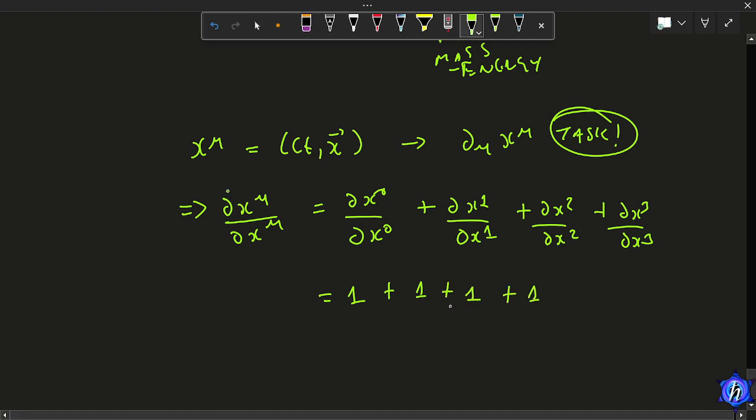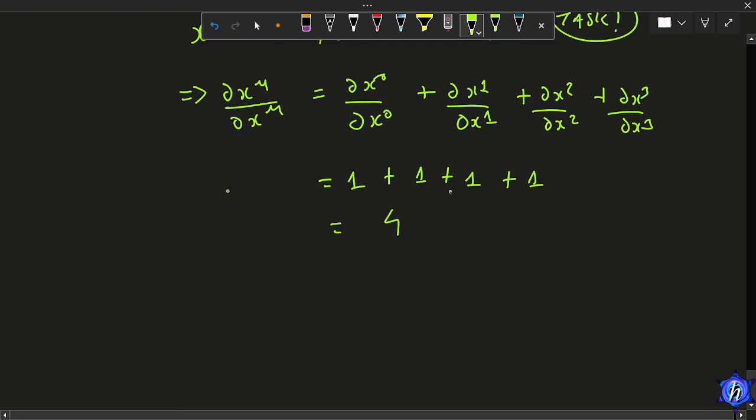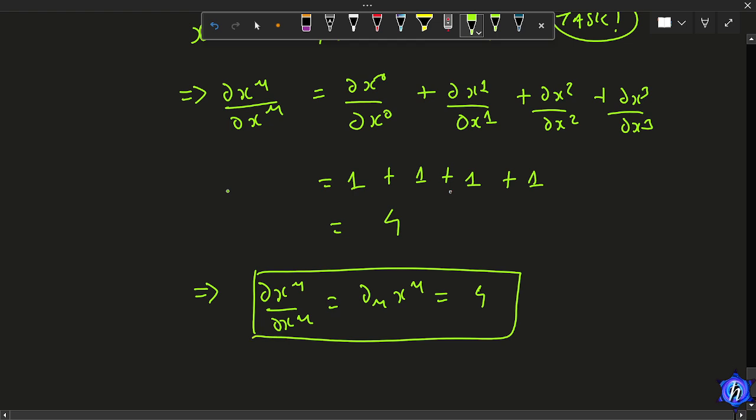Same numerator, same denominator, so each is 1. This is 1 plus 1 plus 1 plus 1, which is 4. So what we get is again a scalar quantity, a mere number, dou mu x mu, which is 4. This is just the sanity check that we did, and we name this equation 1.57.